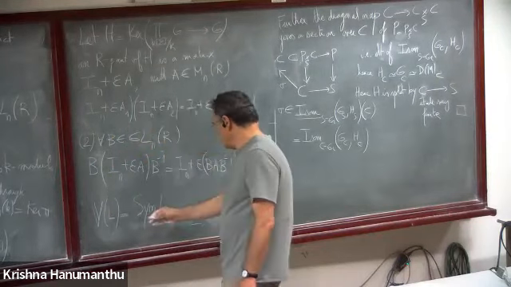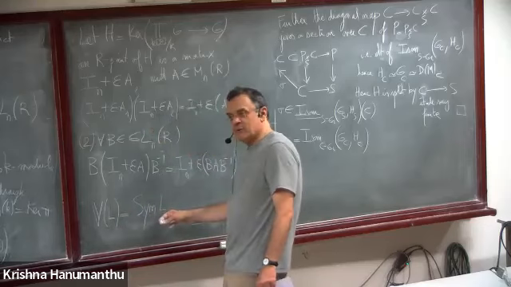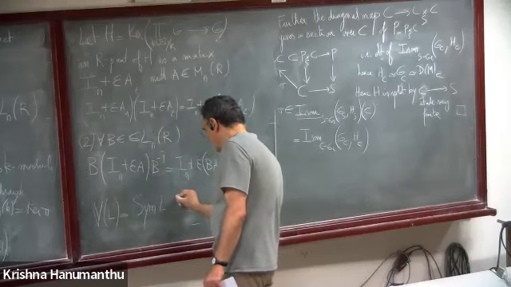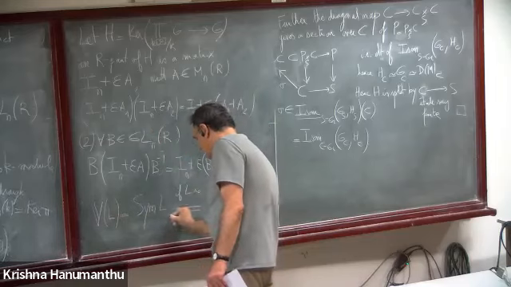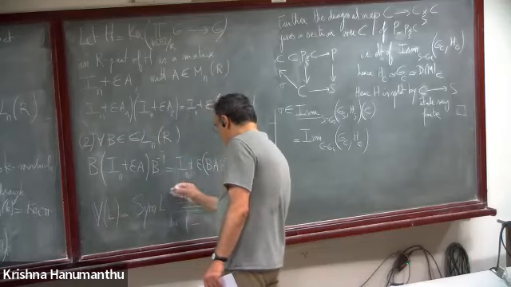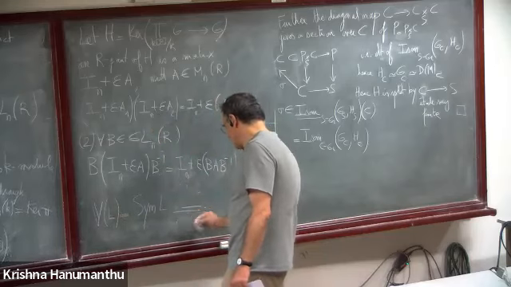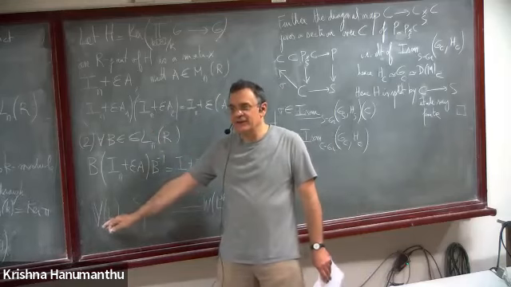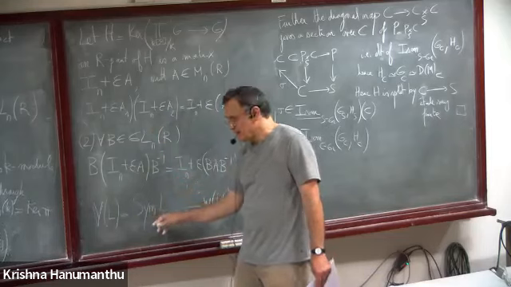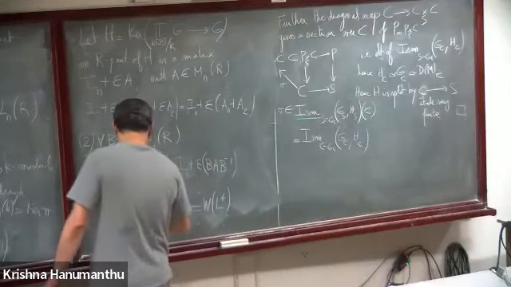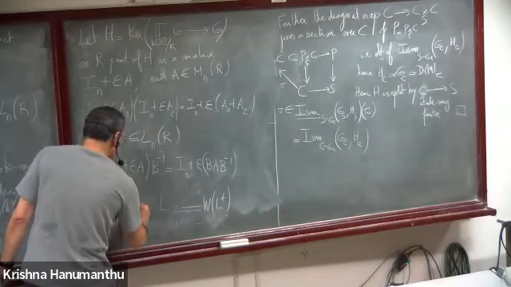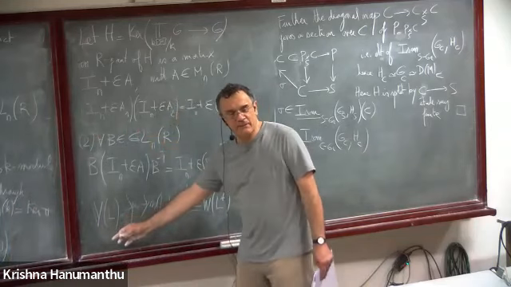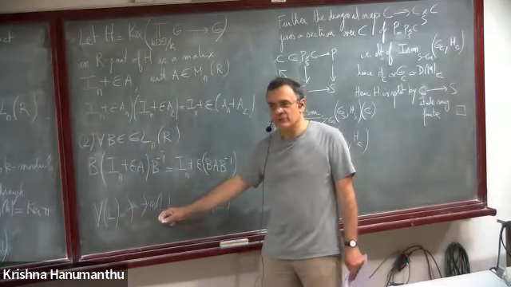For any module L, we can define this, and V is a good one that is always representable. It's the spectrum of this. So this is a vector bundle whose fiber corresponds to the dual module L star.